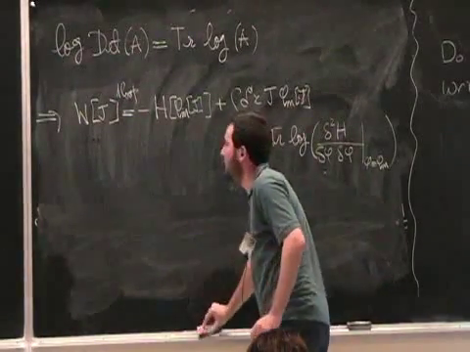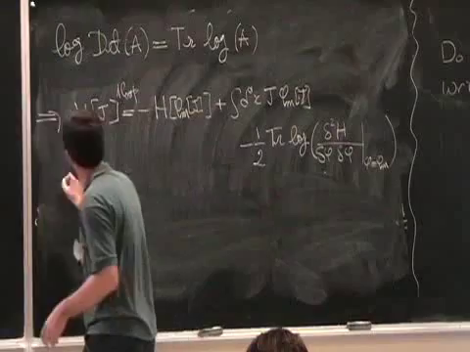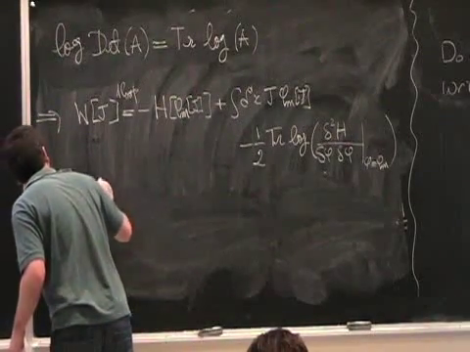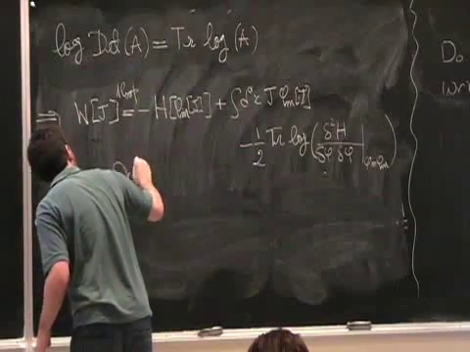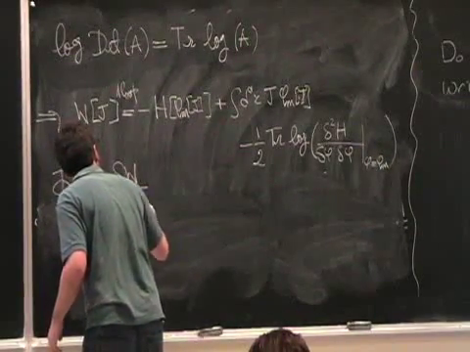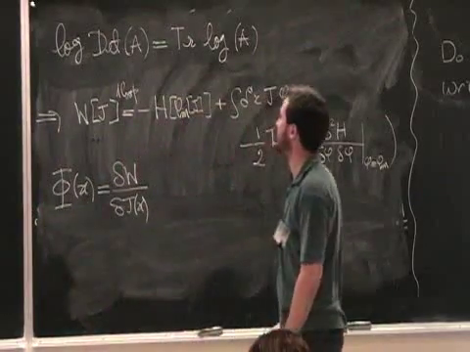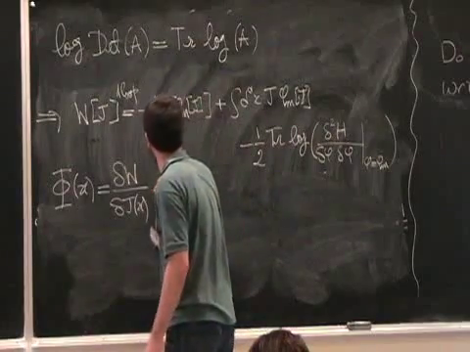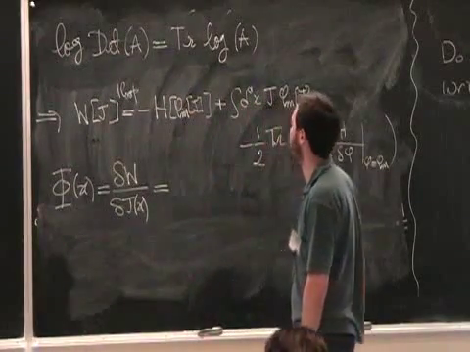So first of all, we need to calculate capital Phi, which is the derivative of the Gibbs free energy with respect to J. So again, I have this term.